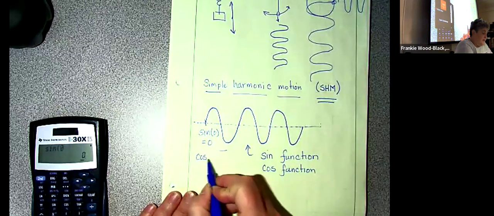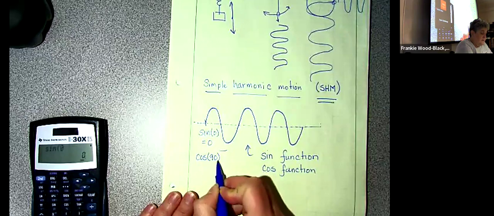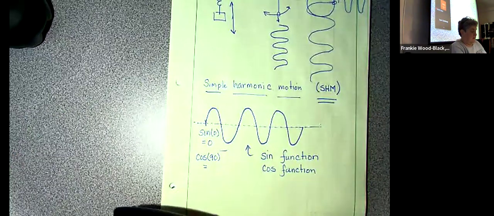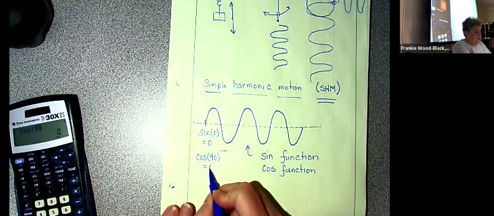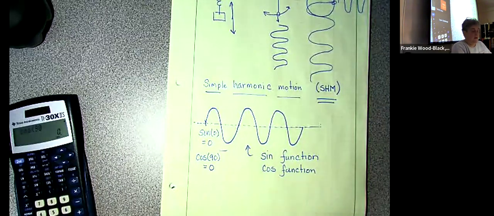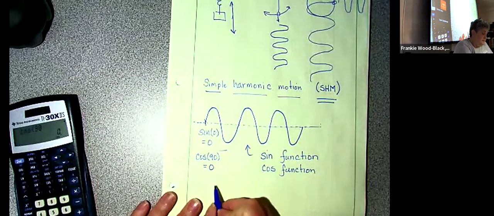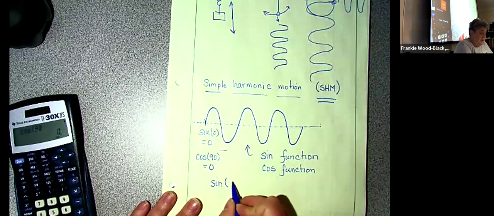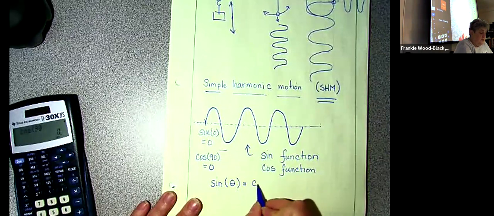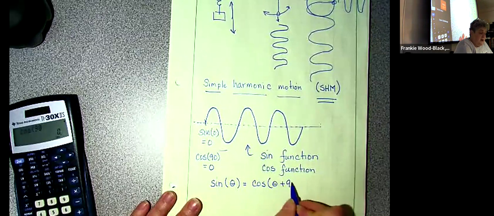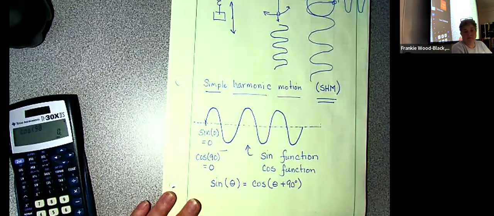The cosine of 90 is equal to 0. So basically, the sine of an angle is equal to the cosine of an angle plus 90 degrees. This is a trig identity.